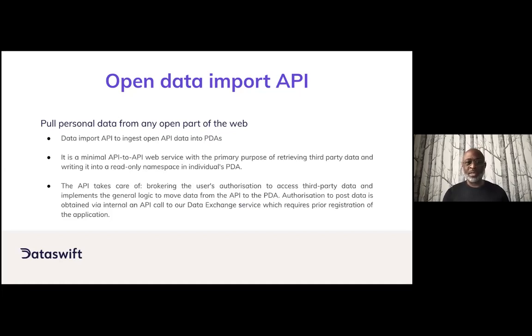The API sets up the brokering of asking for that user's information from the third party, and then once it's retrieved, taking that information, getting the data, and writing it into a read-only namespace within that user's namespace. So you could have a number of these for lots of different services.